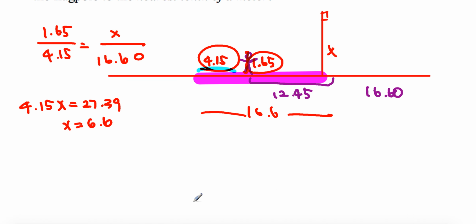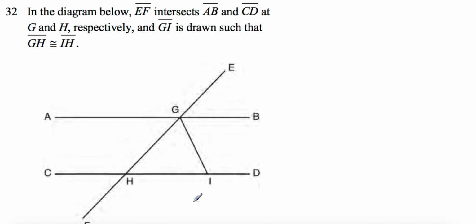All right, let's move on to the next question. Number 32. In the diagram below, and GH as such, then GH is congruent to IH. So GH, which is this line segment, is congruent to IH. That means this angle is congruent to this angle due to isosceles triangle.